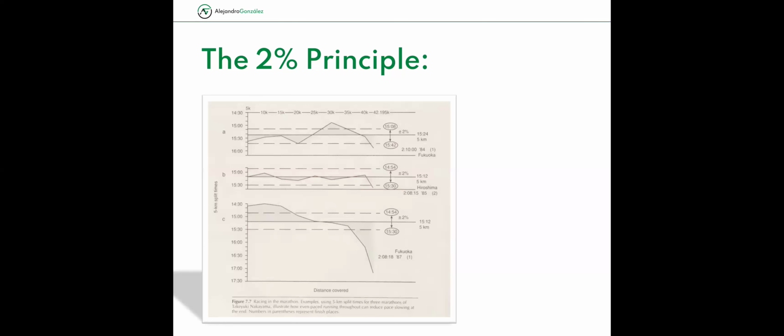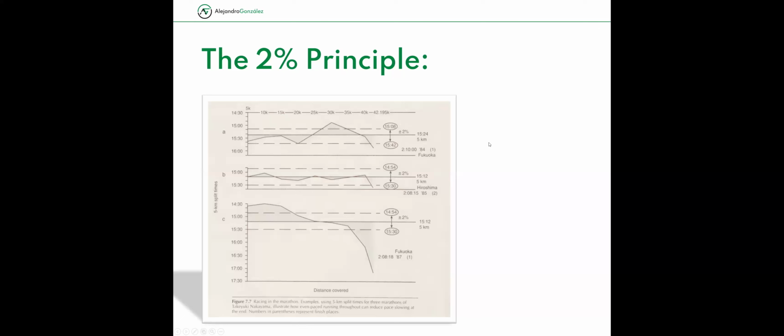And this graph tries to show all of us that you can split the marathon race in 5 kilometer sections, different moments of the race.